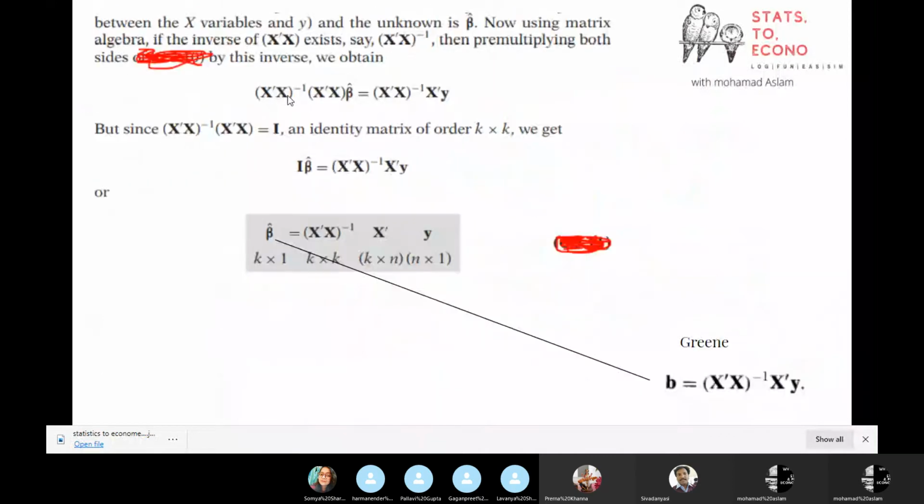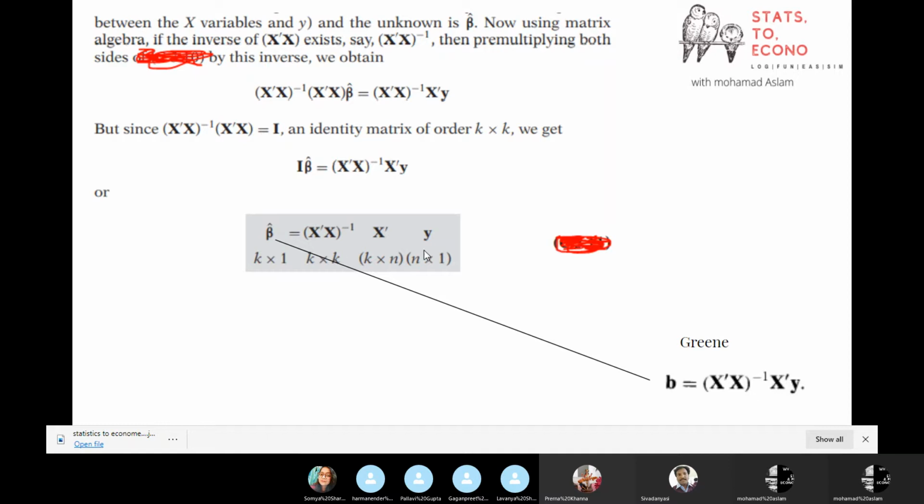So we have on the left hand side the identity matrix, A inverse into A. What is A here? X transpose X. And on the right hand side, we have X transpose X inverse multiplied by X transpose and Y. And this is the value for our beta matrix.